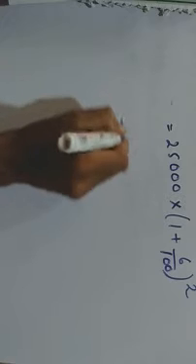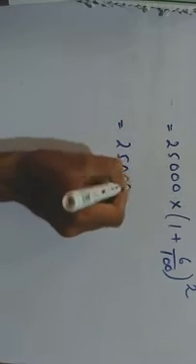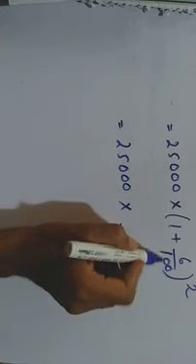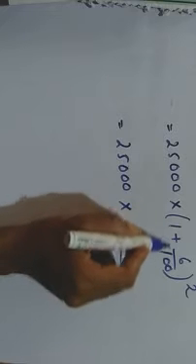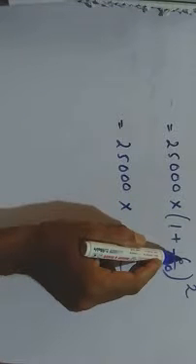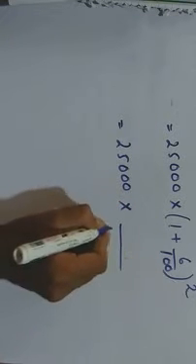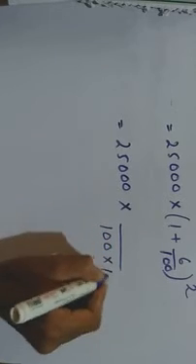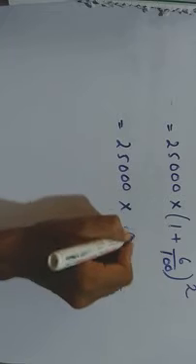Now 25,000, and 100 into 100. 100 plus 6 is 106, and since the square is given, we have to write it 2 times.